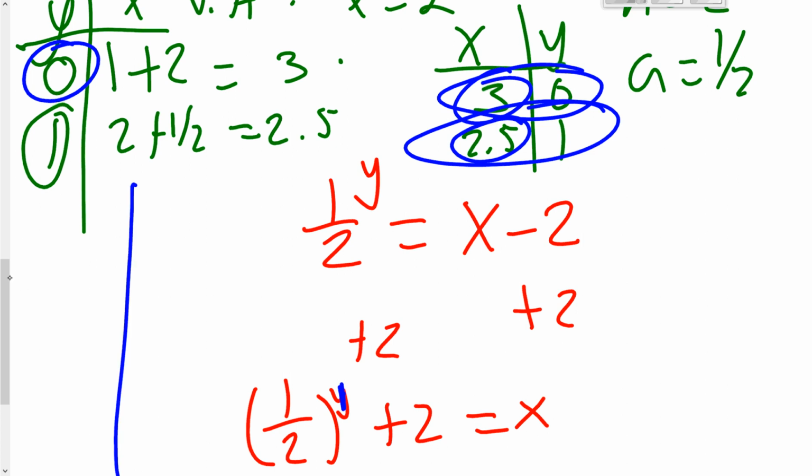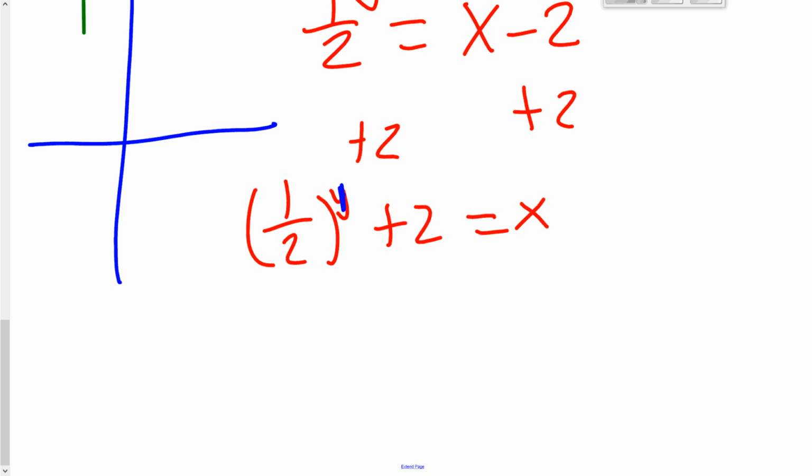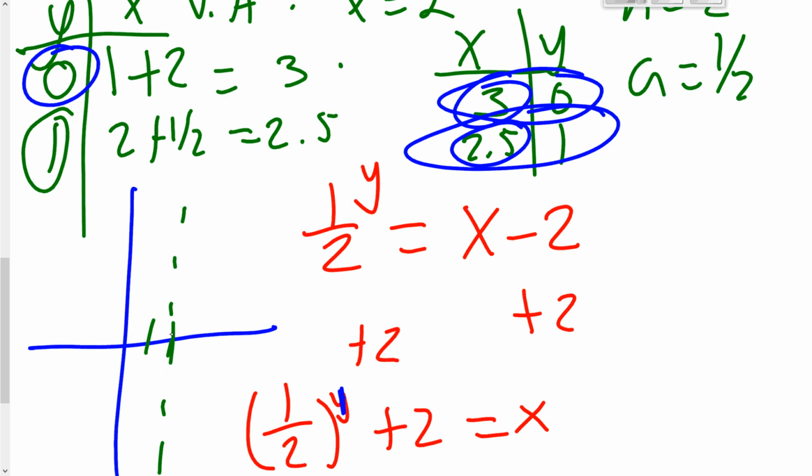So we can graph. Did I already put that up there? Nope. So we have at positive 2, we have our vertical asymptote, and then at 3, 0. So 1, 2, 3, 0, I have a point, and at 2.5, 1, I have a point. So you might think, hey, what does this look like? It's not going to cross that line, right? But I noticed that from left to right it's going down.